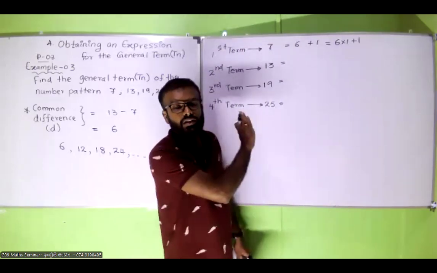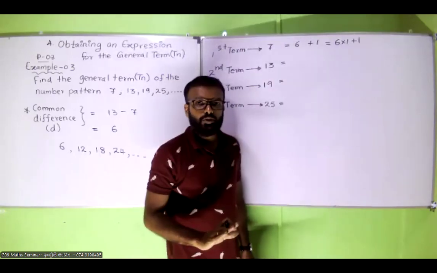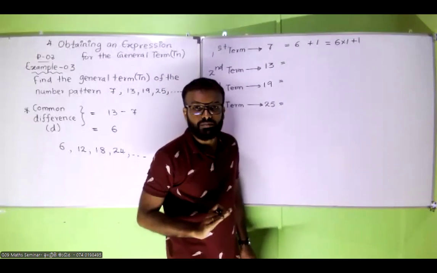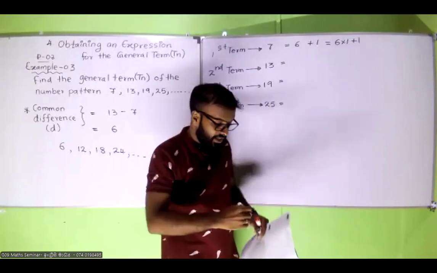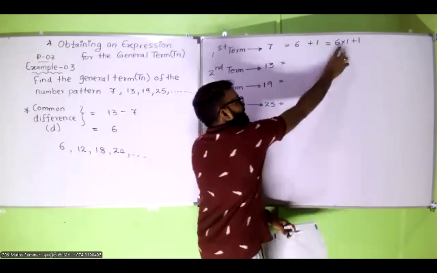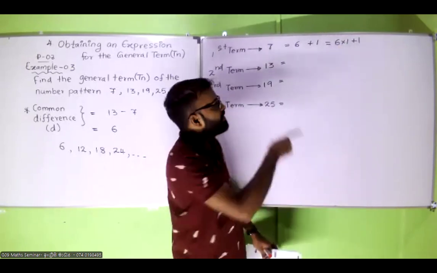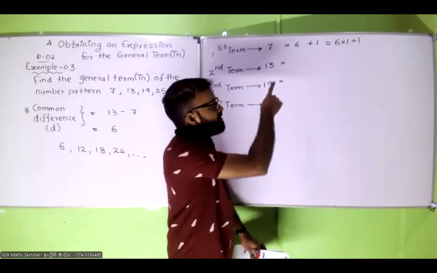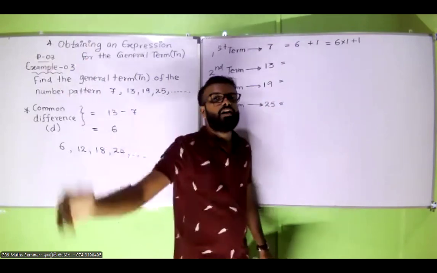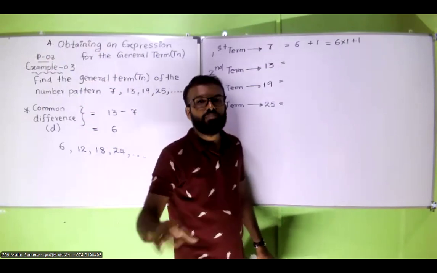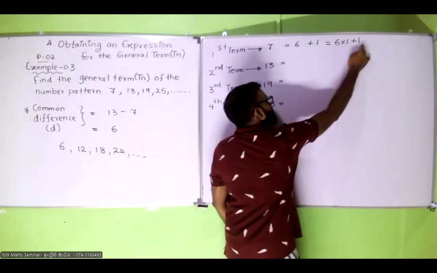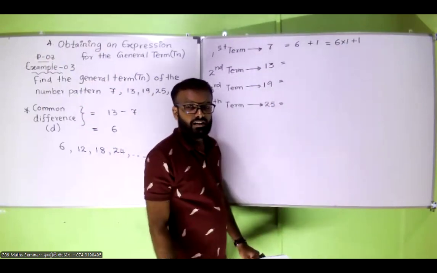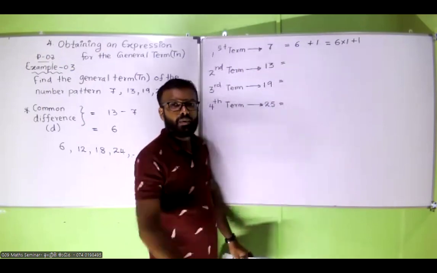This is enough to write down the general term. If you got the pattern correctly, 6 times 1, that means instead of 1, you can substitute n. Right? 6n plus 1. Done. Your general term is done. 6n plus 1.